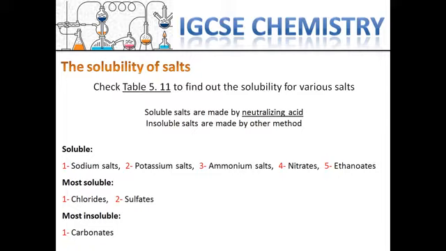Soluble salt are made by neutralizing acid, okay, but insoluble salt are made by other methods. They use other method to find whether the salt is insoluble or soluble. I categorize simply here, okay, you can learn easier.